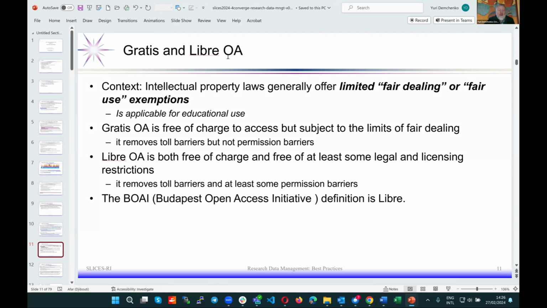About open access, there are two concepts that I think are not known to many people. This is gratis and libre open access. Besides these two open access types, there are still special conditions, special publications.